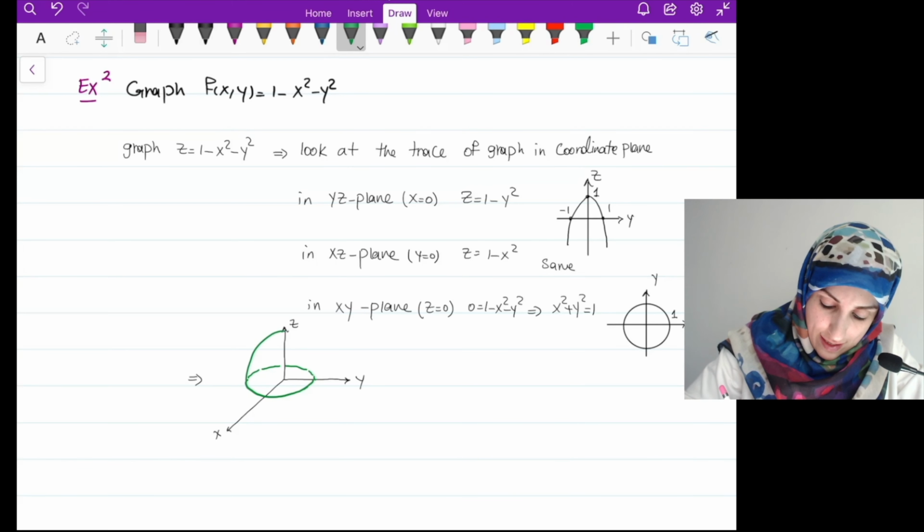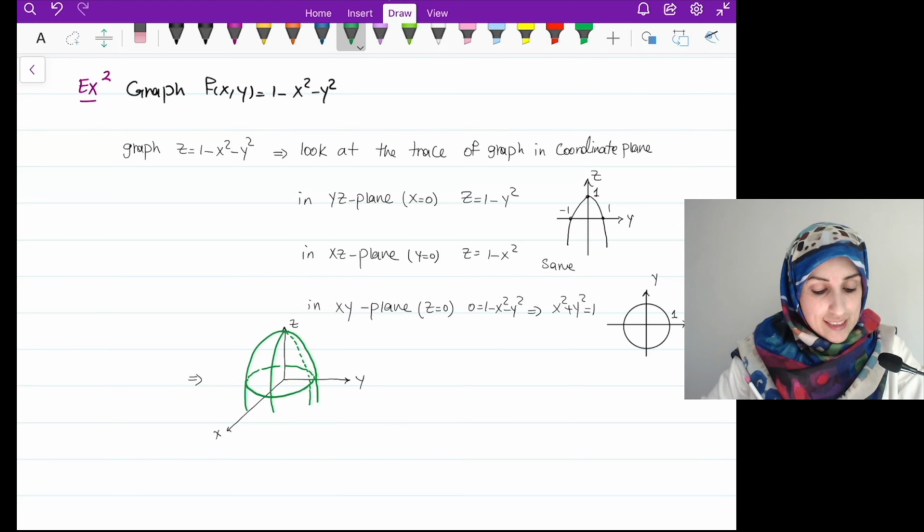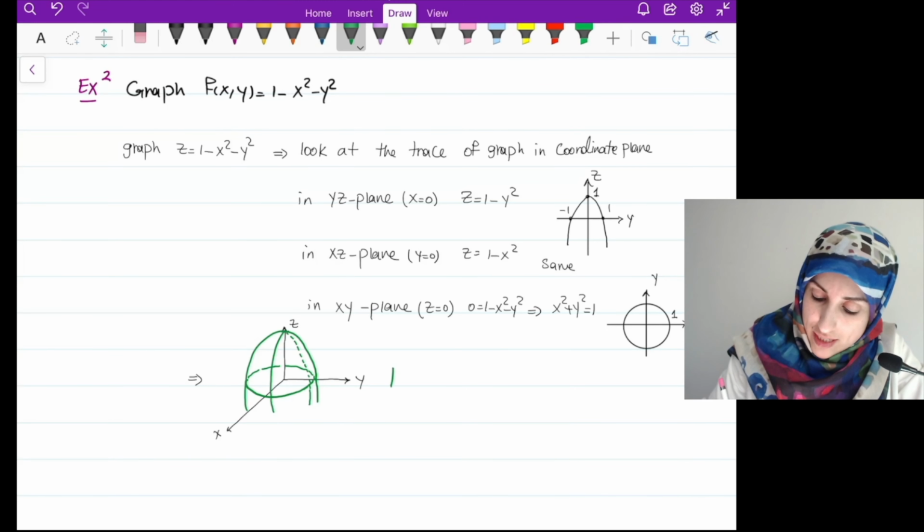Then I have a parabola like this. Now let me bring everything down. I have something like this. So it's called a paraboloid.